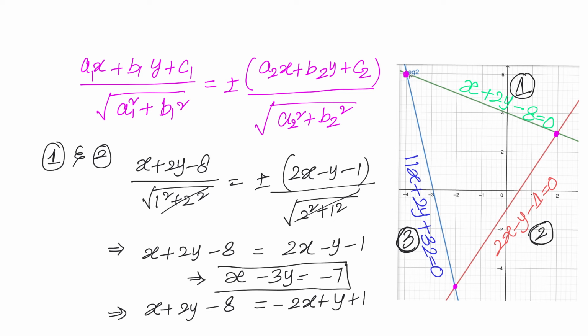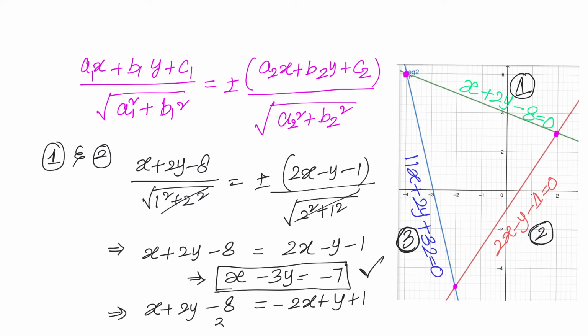So one equation we got is x minus 3y equals minus 7. What is the y-intercept of this? Very simple, put x equals 0. When x equals 0, we have y equals 7 by 3. That means it is coming between 2 and 3. So that line seems to be the appropriate one, because we check the other one to see what is happening.